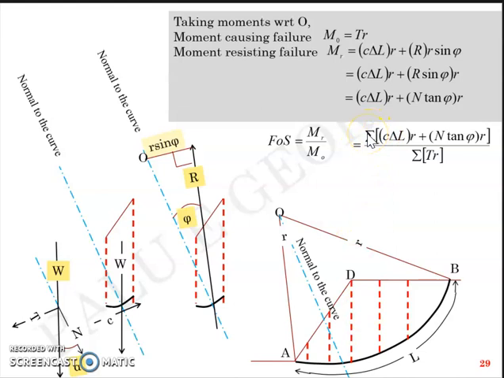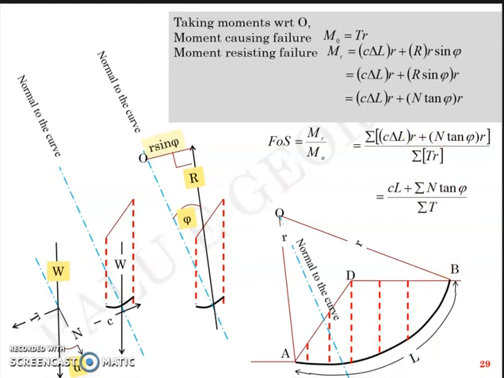So C delta L into R plus N tan phi into R by sigma TR. This will give the factor of safety for the entire slope from the basic slice, which I can write as CL plus sigma N tan phi by sigma T, cutting the radius R from both the numerator and the denominator.